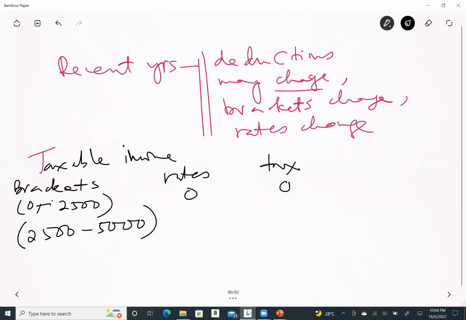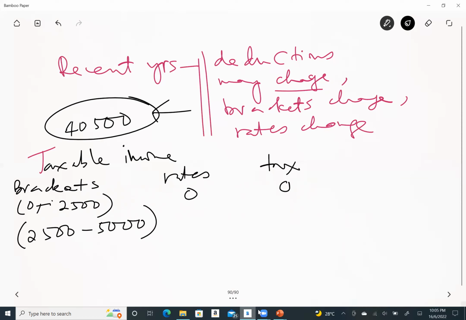Now, in that bracket, how much income do you have? Our taxable income is 40,500. So you have to compute the tax according to the bracket and the rate for this amount. So you have to start from zero. Okay. So first 0 to 2,500, zero tax.